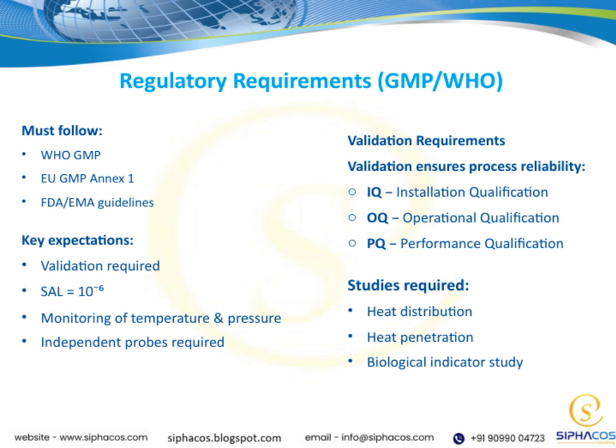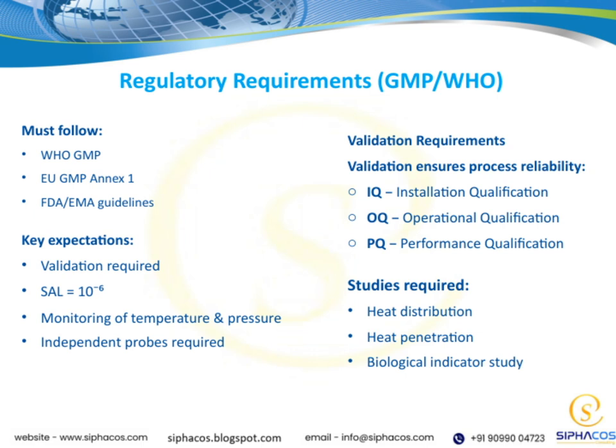Then there's OQ, or operational qualification, which tests that the equipment functions properly within its intended operational ranges. Finally, PQ, or performance qualification, confirms that the process consistently produces the desired results in real-world conditions.